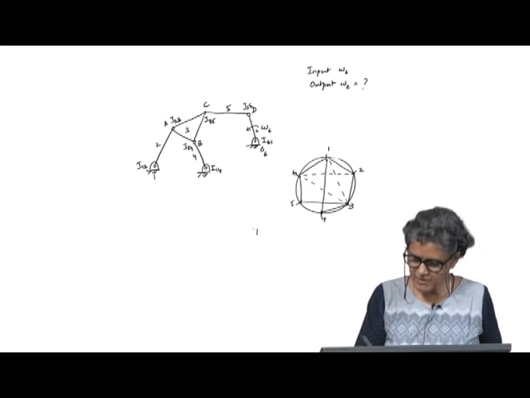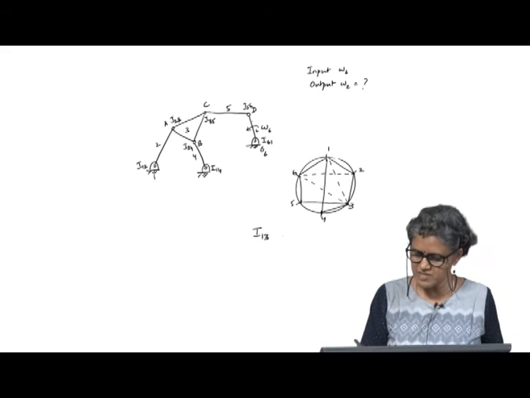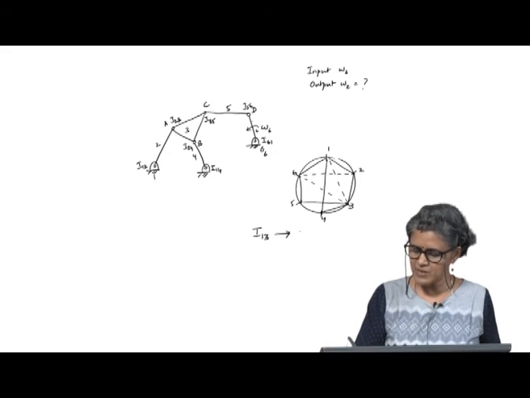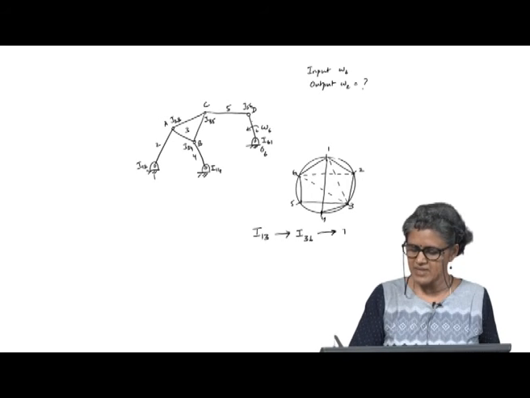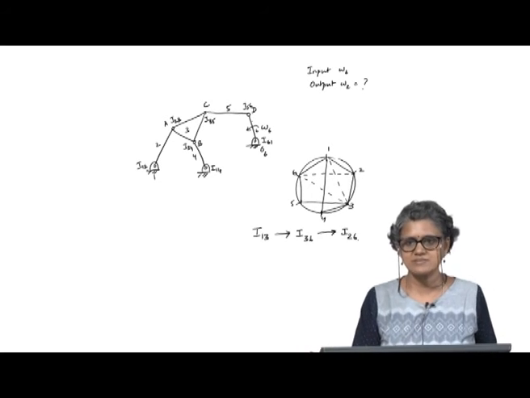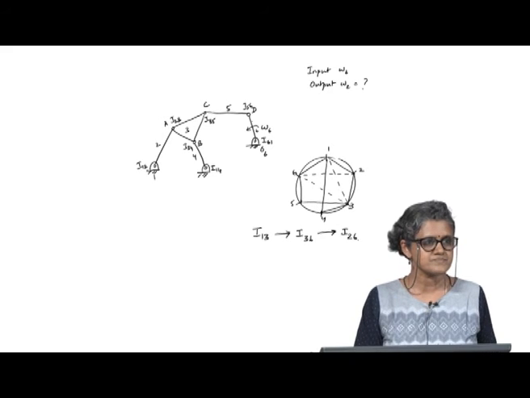So, I have to find I13, the order in which I go is, I find I13, then I can find I36, then I can find I26. Do you see that?